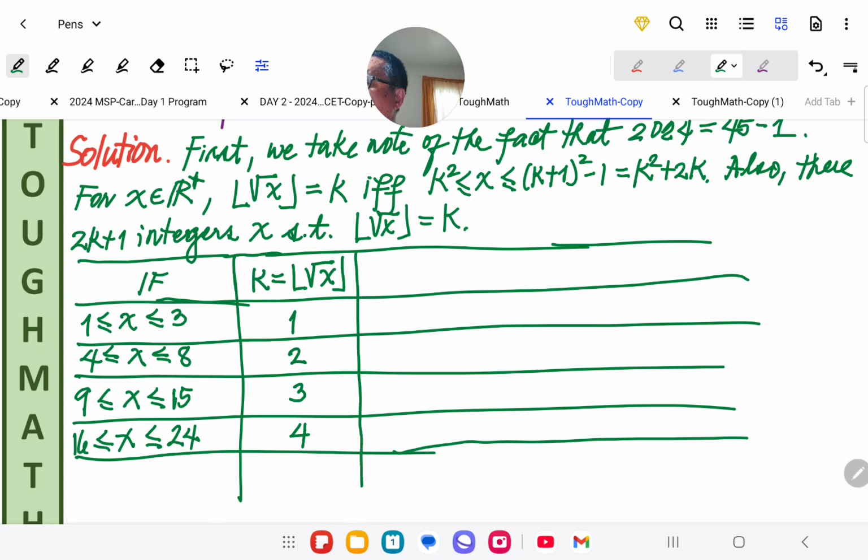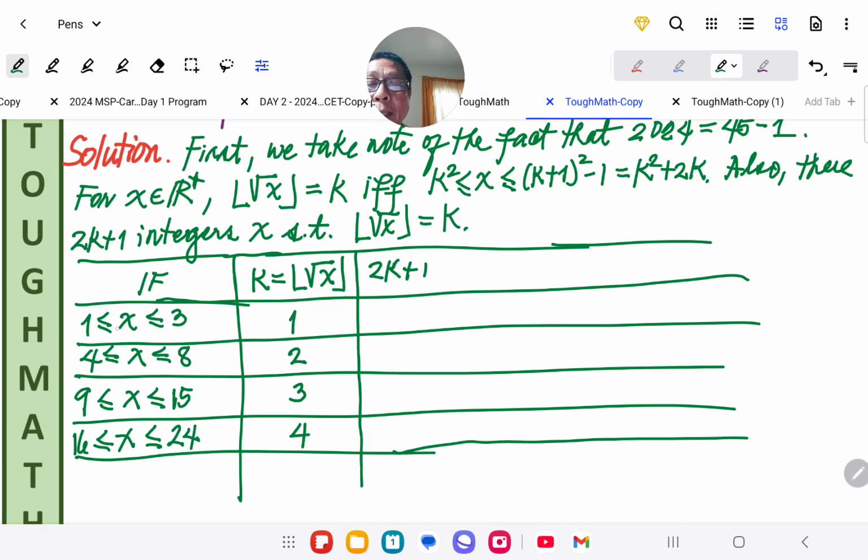Now, the next column is the number of integers having that greatest integer value. So we have 2k plus 1. We have mentioned above that there are 2k plus 1 integers x such that the greatest integer value of the square root of x is equal to k.